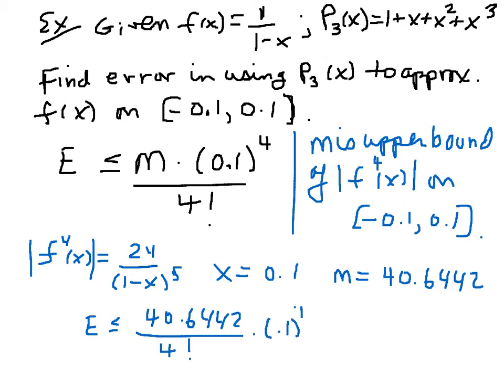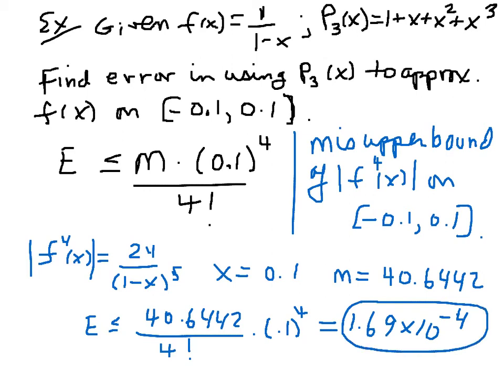And finally this error comes out to be 1.69 times 10 to the minus fourth. So what that tells us is that if we use P sub 3 of x to approximate f of x anywhere in the interval minus 0.1 to 0.1, then the biggest error that we'll ever get will be this.